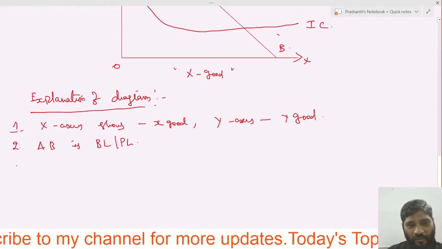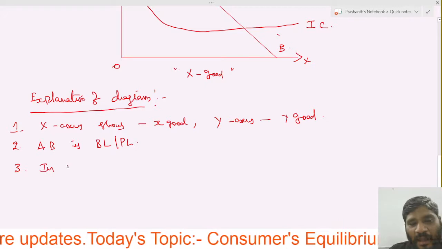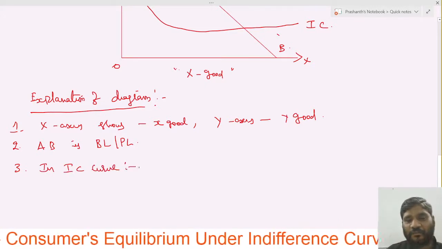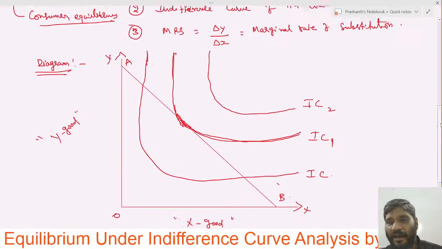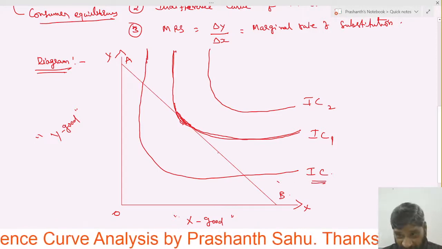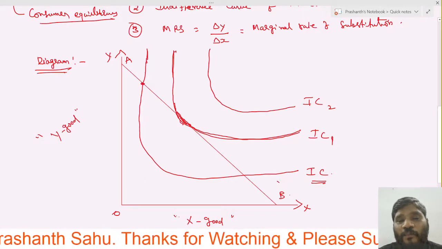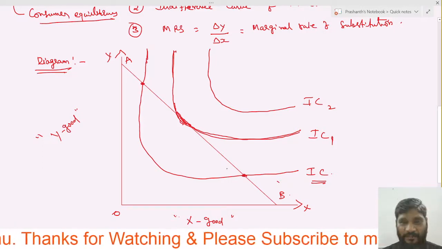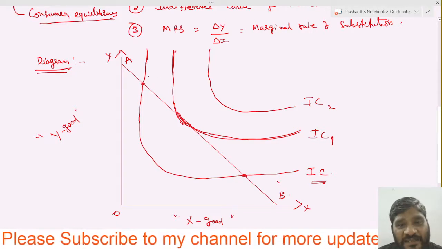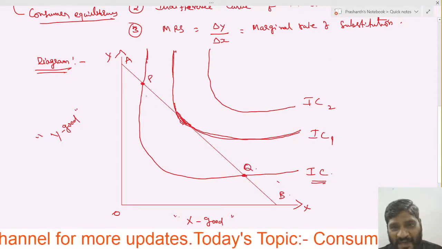Now, number three, the IC curve. In the IC curve, what happened? Let us see. I am discussing the IC curve. The IC curve has intersected the budget line or price line at the points P and Q. Can you see here?